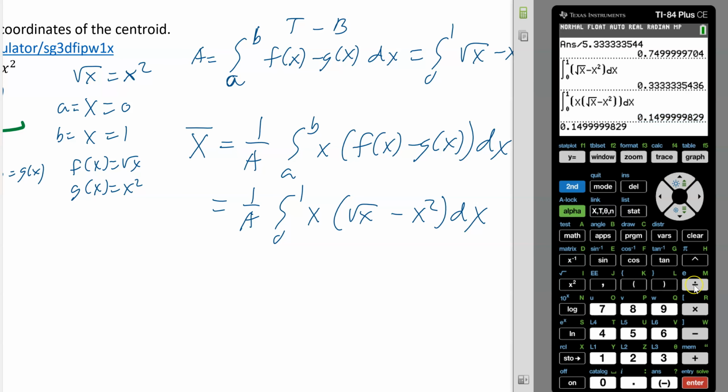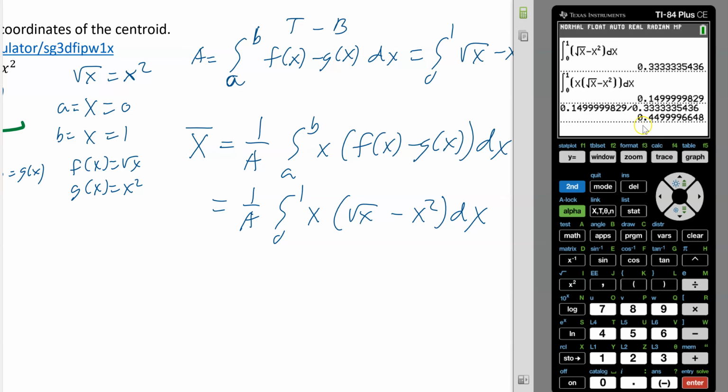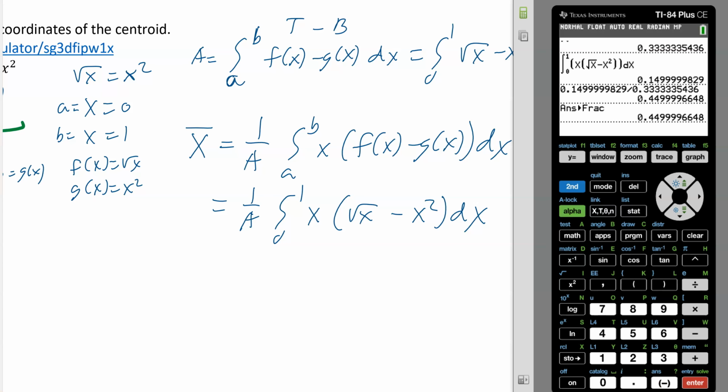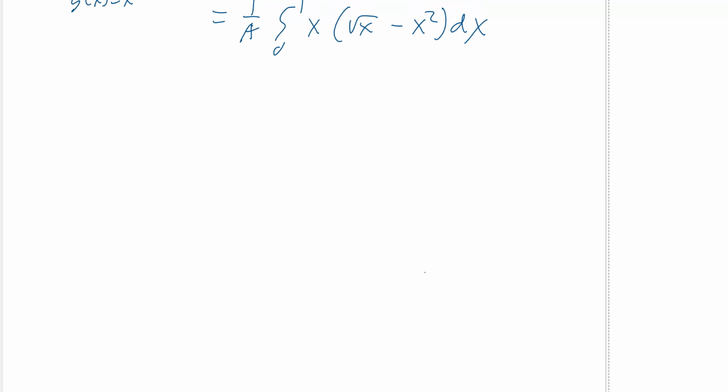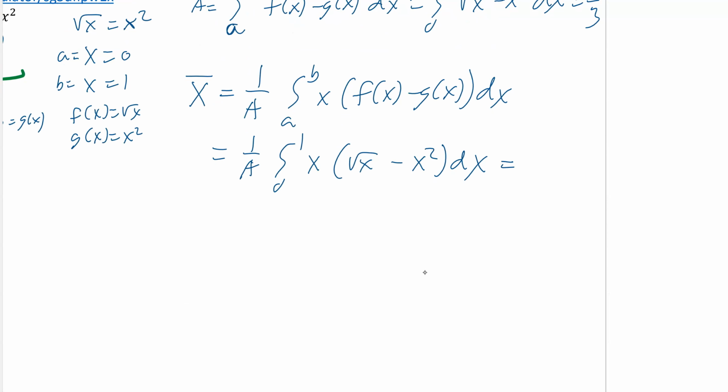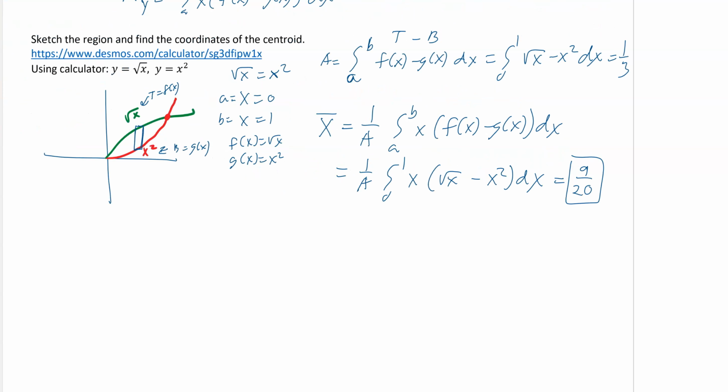We hit enter, divide it by, grab that one, hit enter, and we get 0.4499. And now you can see the fraction didn't work, but this is really just 0.45. Now if you hit math fraction, it says it's 9/20. So our answer here is 9/20. So that's our x bar.